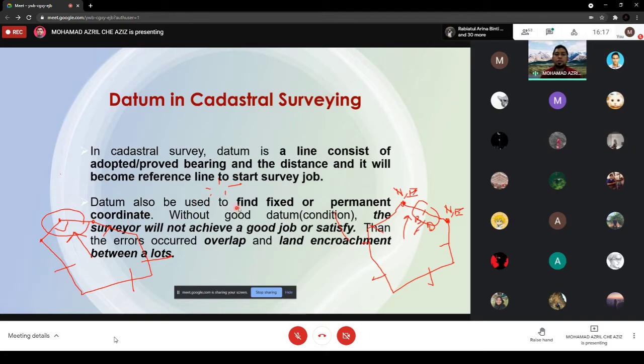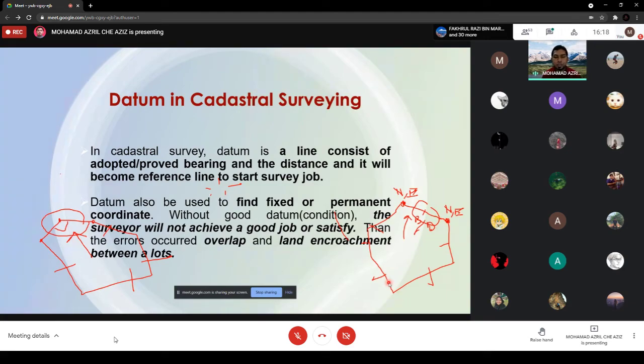So datum is also used to find fixed or permanent coordinates. Without a good datum, the surveyor will not achieve a good or certified job. Then errors occur, such as overlap and land encroachment between lots. For example, if your observation does not refer to the datum, you can encroach on another lot and overlap with it. If it overlaps another lot, that is the responsibility of the surveyor.